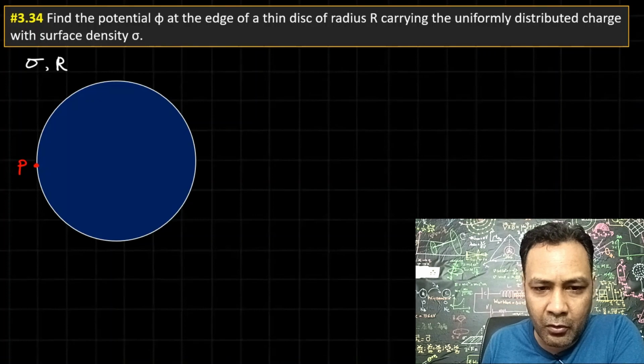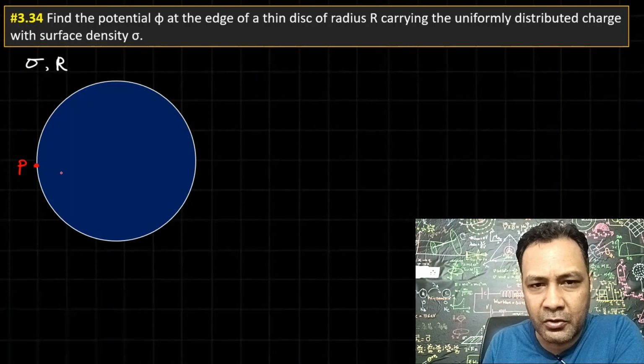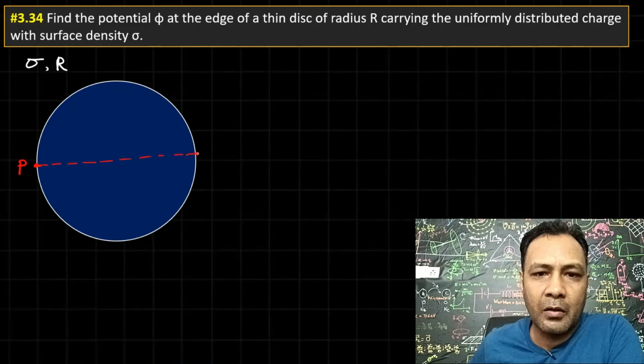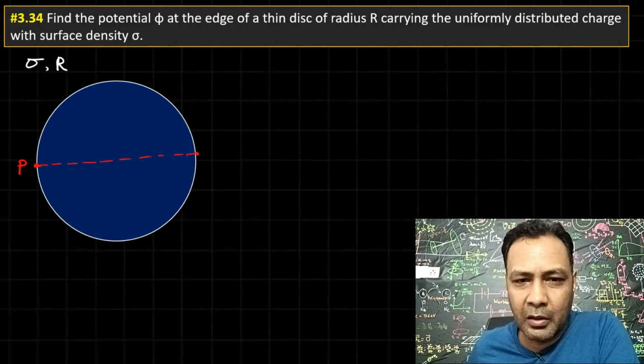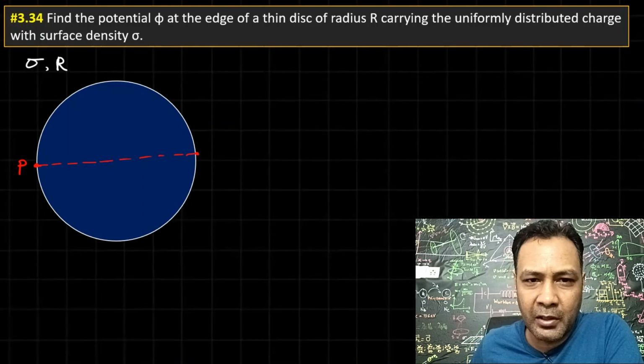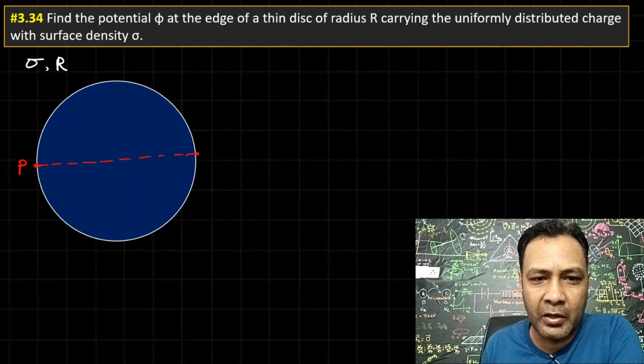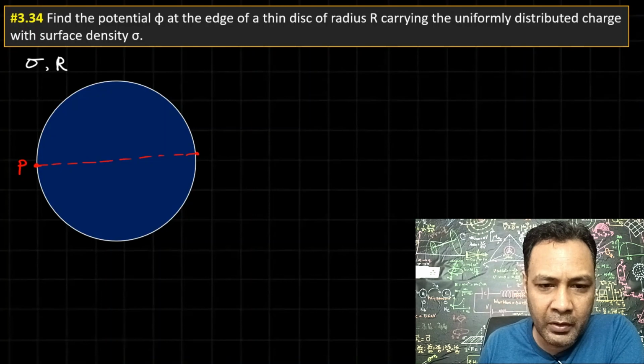So let me draw a diameter through this point. Suppose this is a diameter. The key here is to take the right element. The element that I will be taking would be an arc of a circle whose center would be at P. So the element would be something like this.